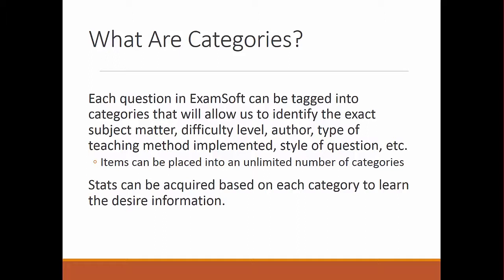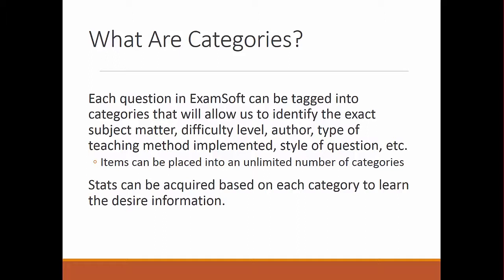For those of you new to ExamSoft or categories, I'm just going to briefly go over in the next couple slides what categories are. If you are a category pro, fast forward maybe 90 to 120 seconds and you should get through this part. Very briefly, with ExamSoft you can categorize or tag each question into categories that allows you to identify specific information. The list I have here: subject matter, difficulty level.